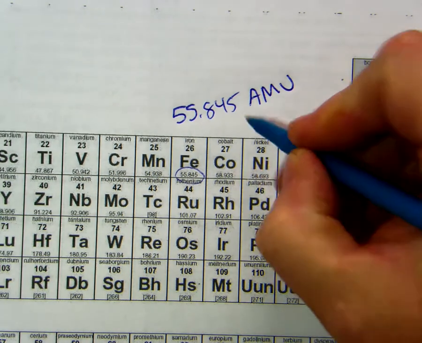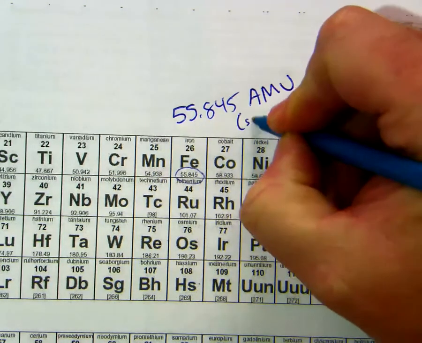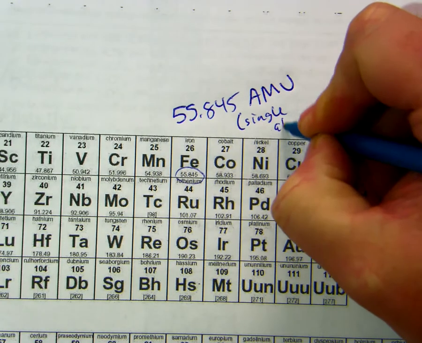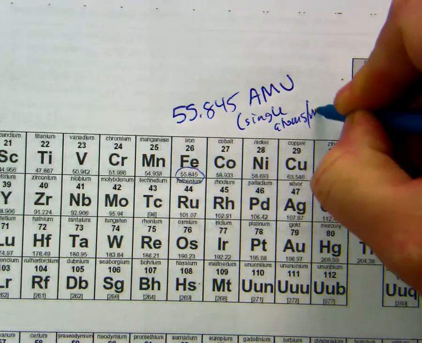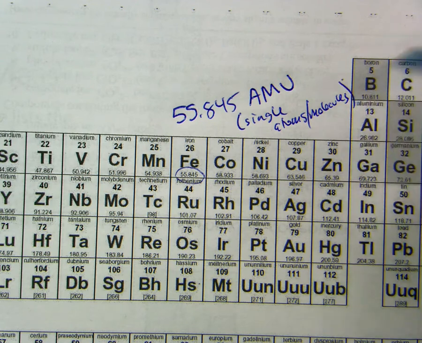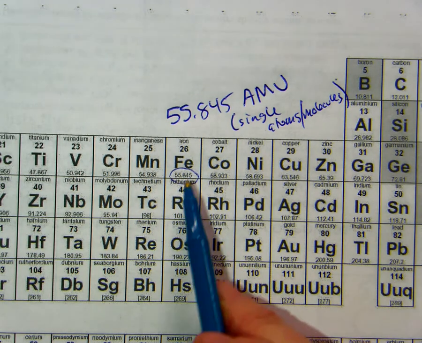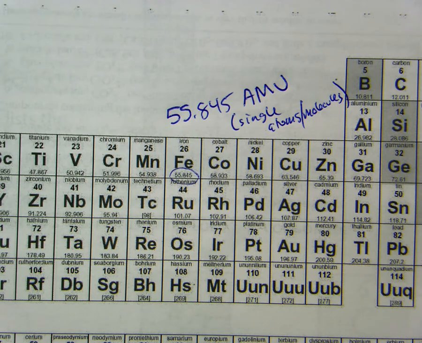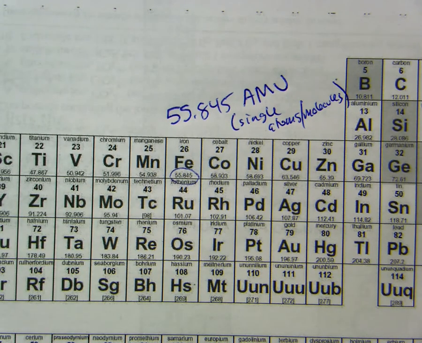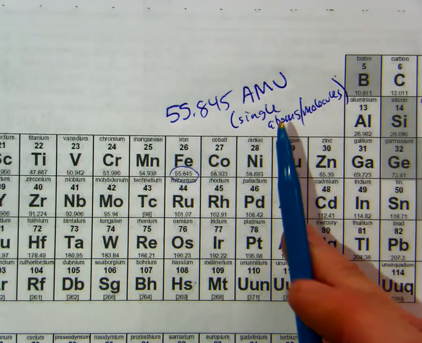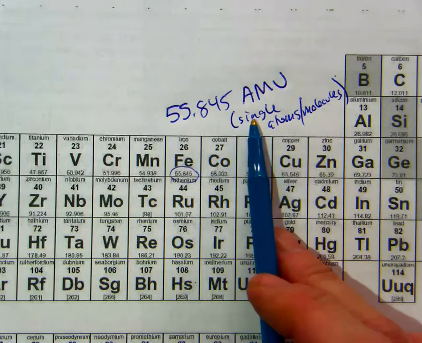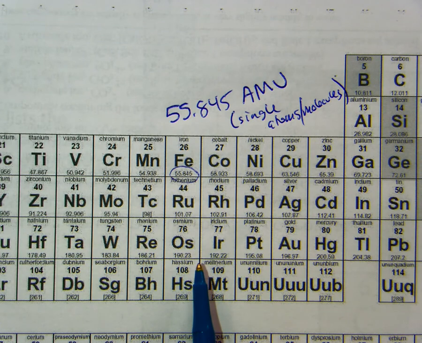Well, this is a really good unit for single atoms or molecules. When you have something really, really small and you need the mass of just that one thing, atomic mass units are great. But there's no scale, no balance in the world where you can put particles on it and it's going to measure atomic mass units. It's just too small of a unit to be useful.